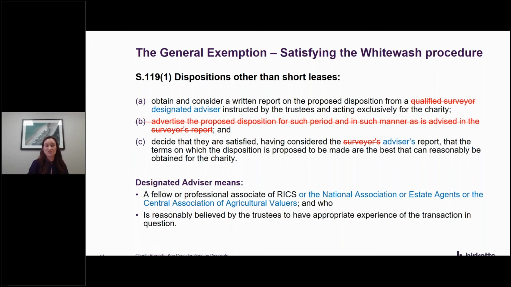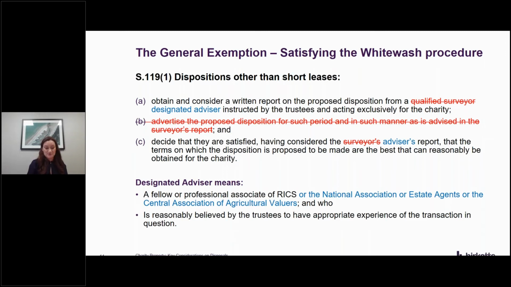So the key change with that designated advisor is that rather than it now just being a fellow or professional associate of RICS, you can also take advice from a member of the National Association of Estate Agents or the Central Association of Agricultural Valuers. So it widens the pool really for charities to take advice from.